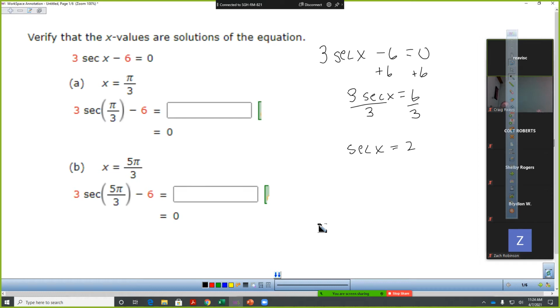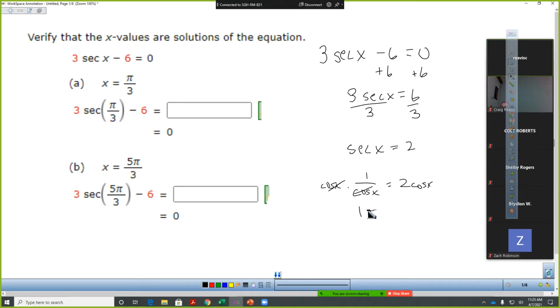But I know secant is the same thing as 1 over cosine. So I can replace secant of x with 1 over cosine of x equals 2. Now, if I solve this for the cosine of x, what would I do? I'd multiply both sides by cosine of x.